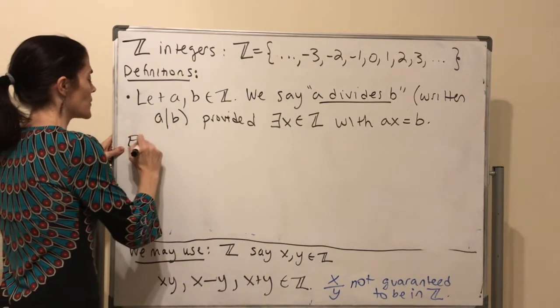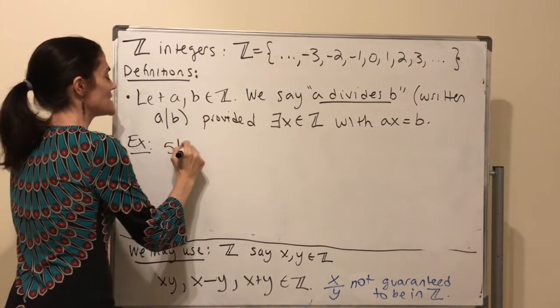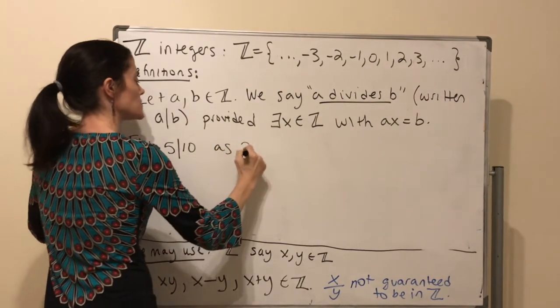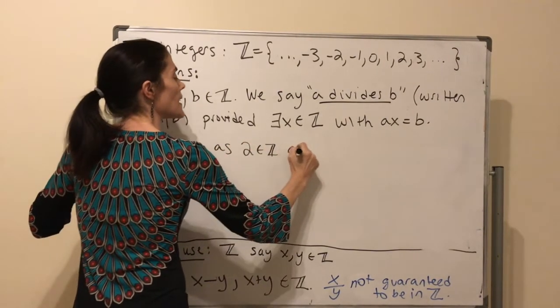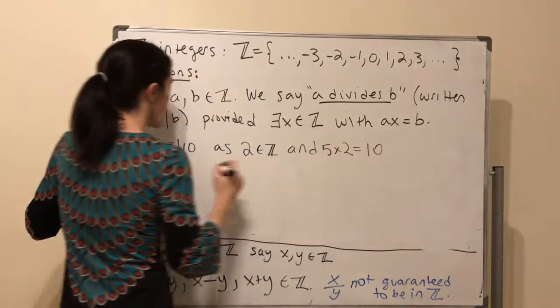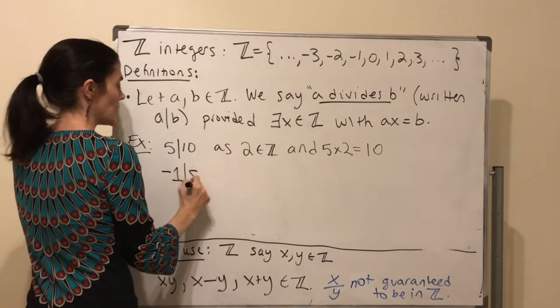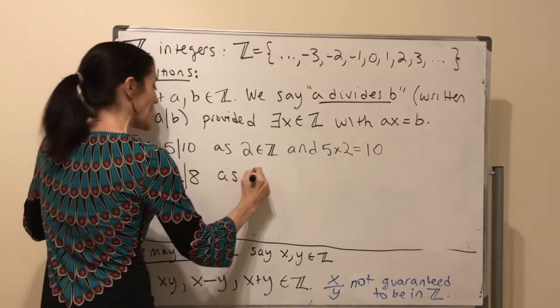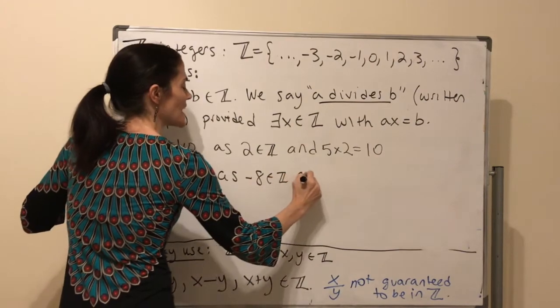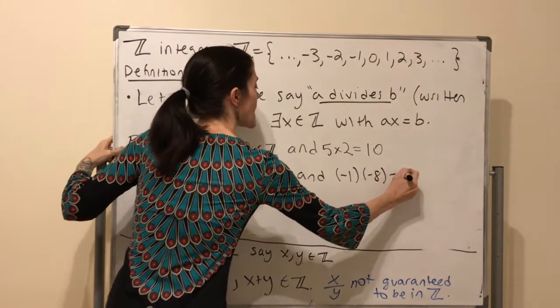So for example, 5 divides 10 because 2 is an integer and 5 times 2 is 10. Or -1 divides 8, as -8 is an integer and -1 times -8 is 8.